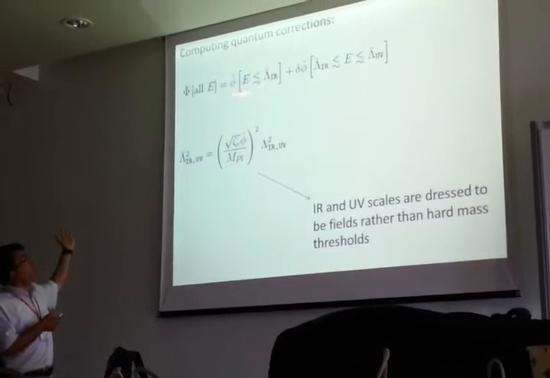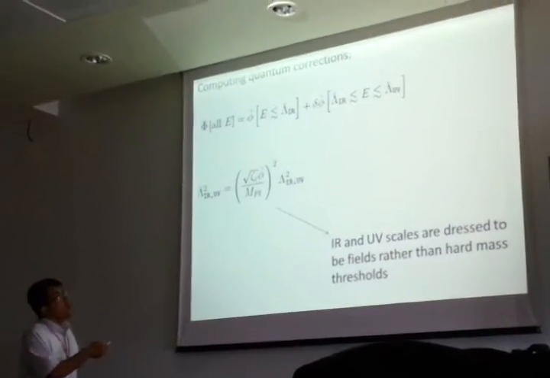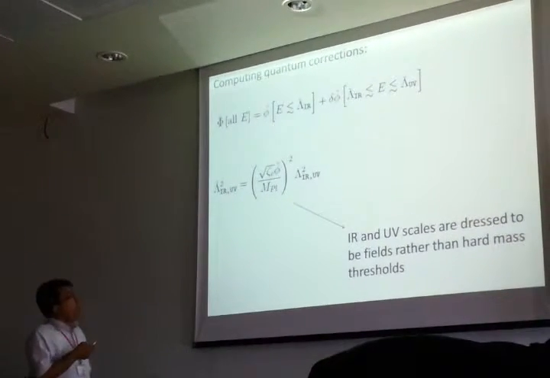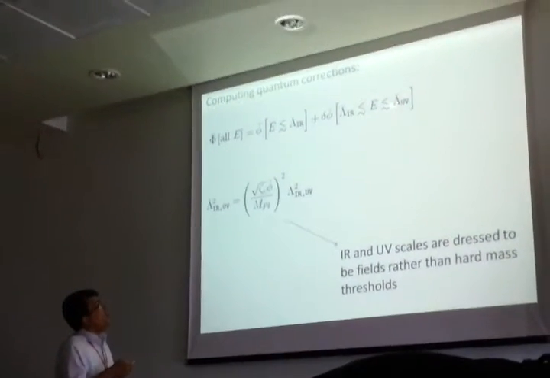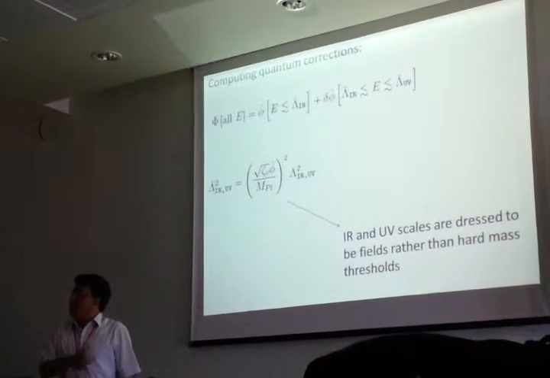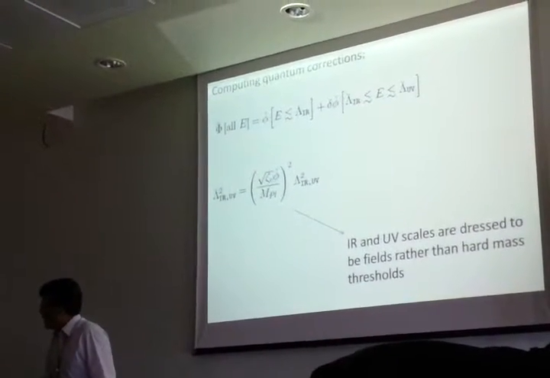As I did in the previous frame, I have to divide my fields into slow part and fast part. It's the usual division. But you see, my IR scale and UV scale are modified. They are new scales. Why? Because they were fixed scales in the previous frame. Now I made a conformal transformation.